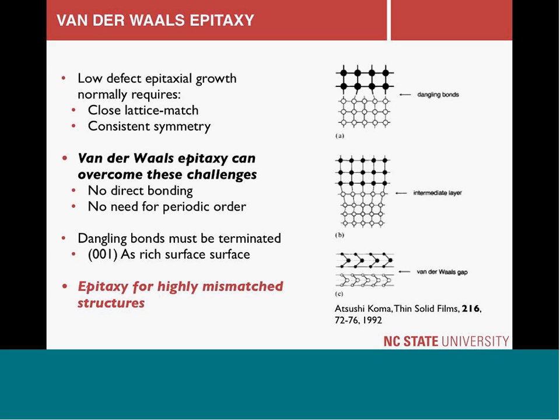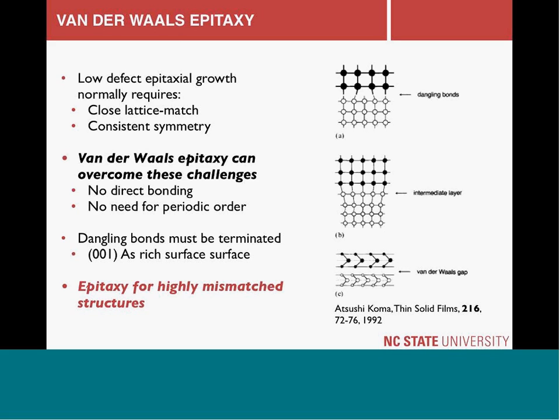That provides a way around close lattice matching, because at that point it doesn't really care where the atoms are across that interface, and you have consistent symmetry. You can go from 6-fold to 4-fold in the case of cube to hexagon, and it provides epitaxy of highly mismatched structures.